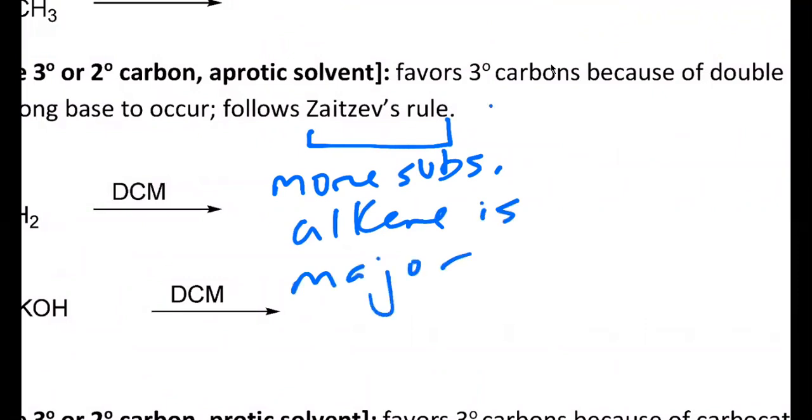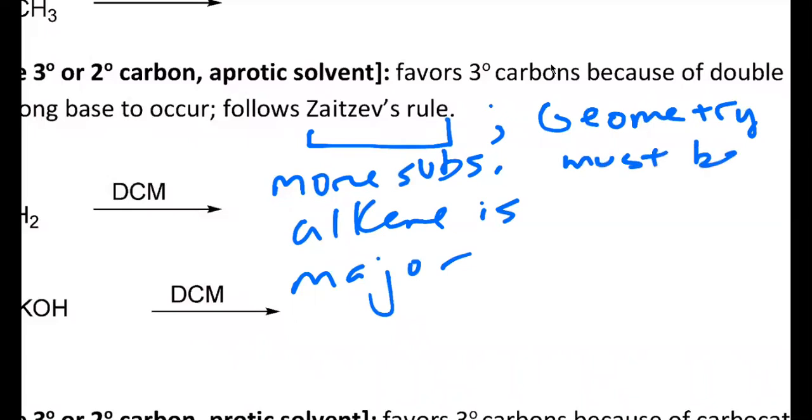And then let me add one more thing that you need. I think this was a quiz question too. One of them anyway. The geometry must be what we call anti-periplanar.